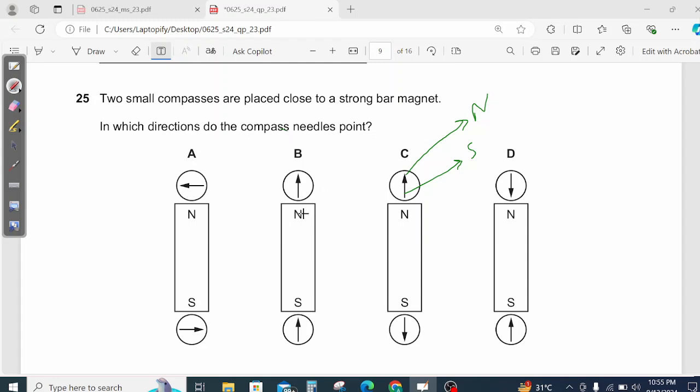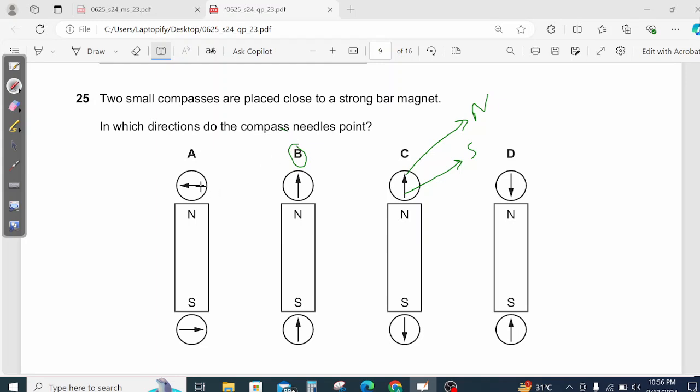So suppose this is north. I have mentioned that the tail of this needle is south. South is attracted by the north, so this side is correct. If you look at that, south is attracted by the north, so your option will be B here. This is the correct option.